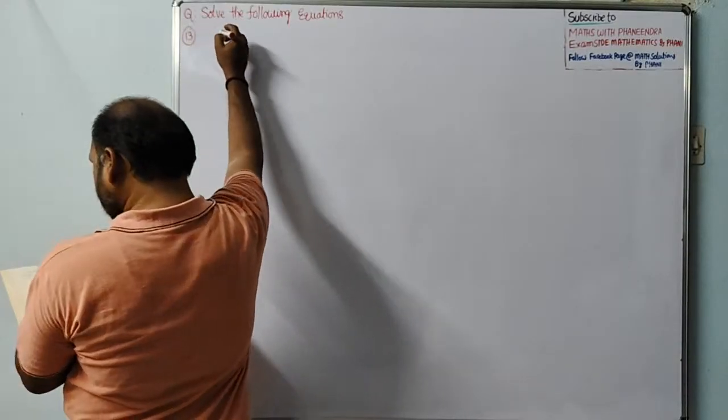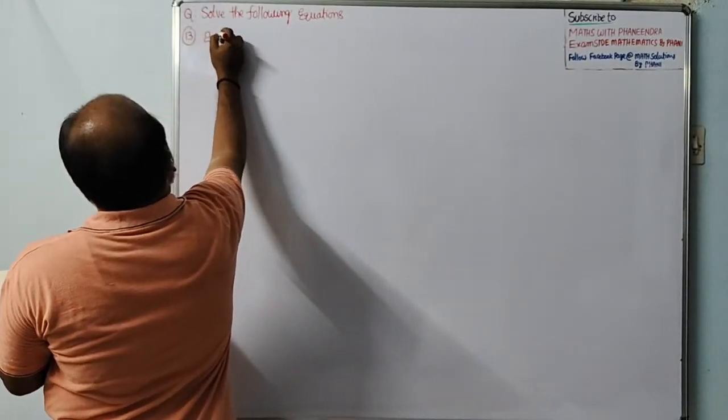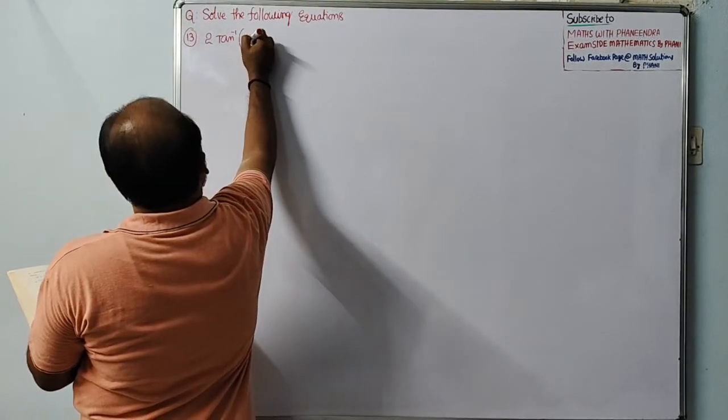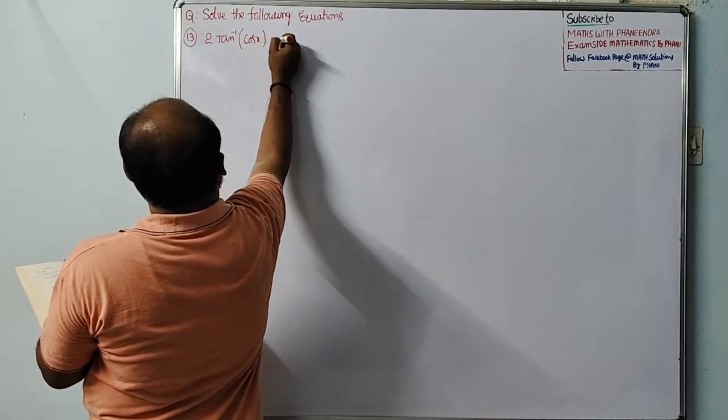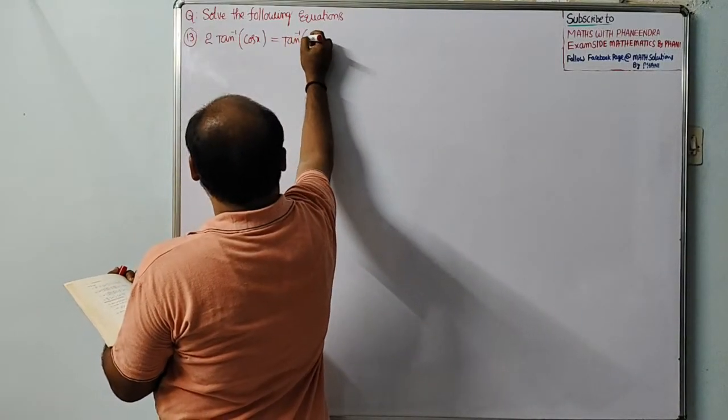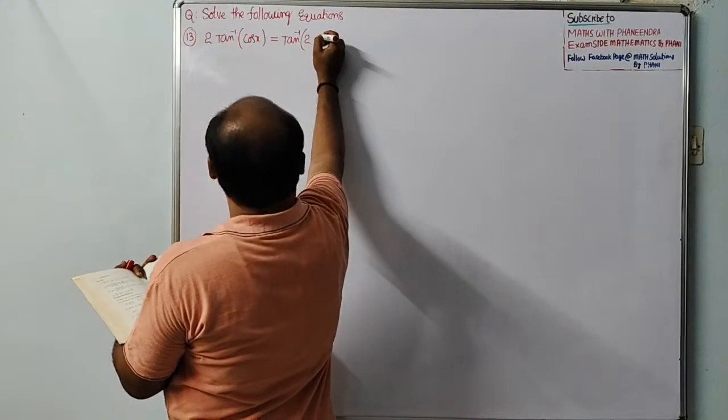Question number 13: 2 tan inverse of cos x is equal to tan inverse of 2 cosecant x.